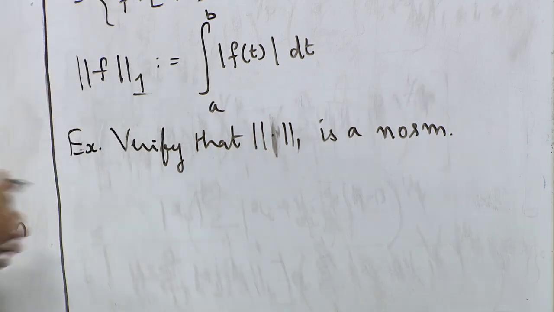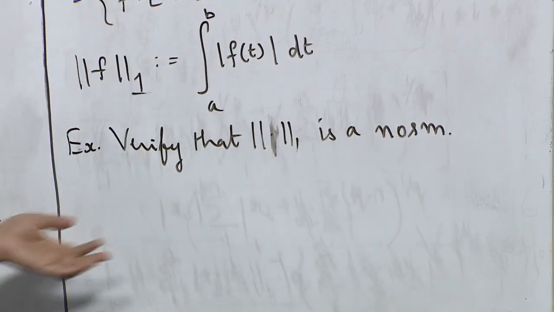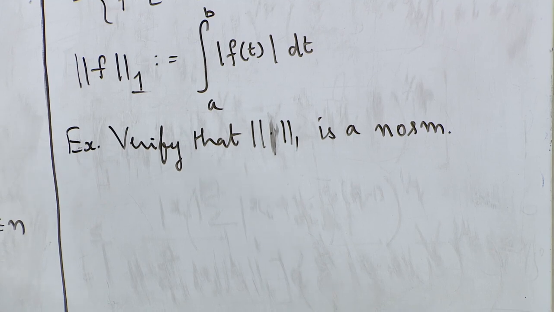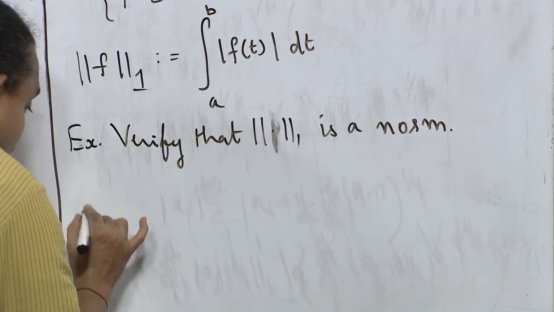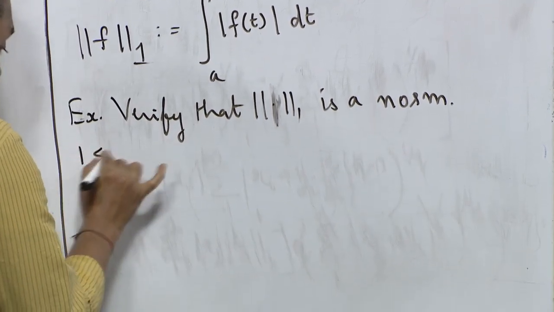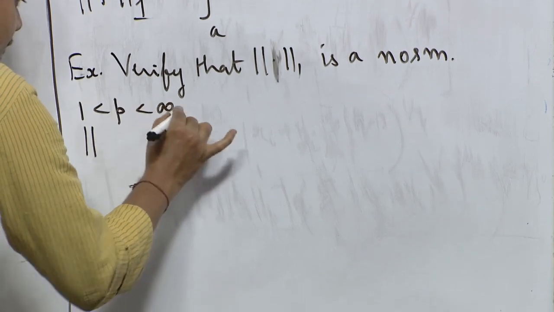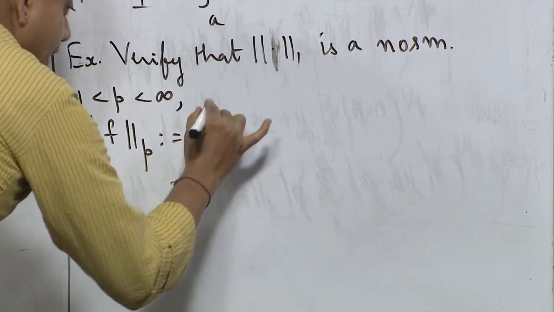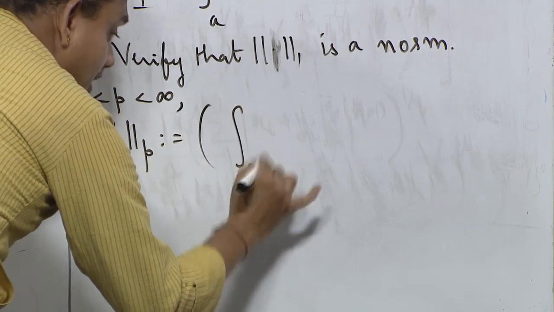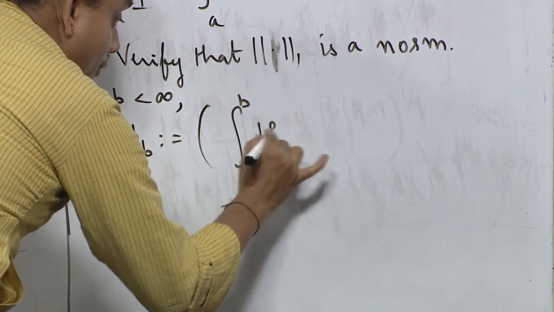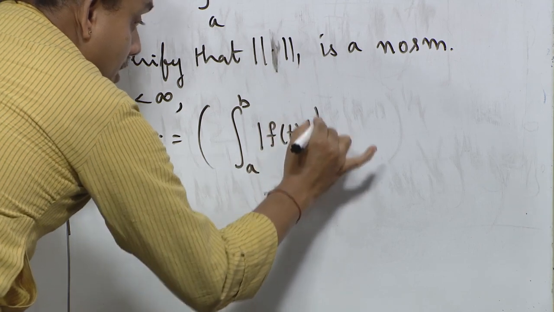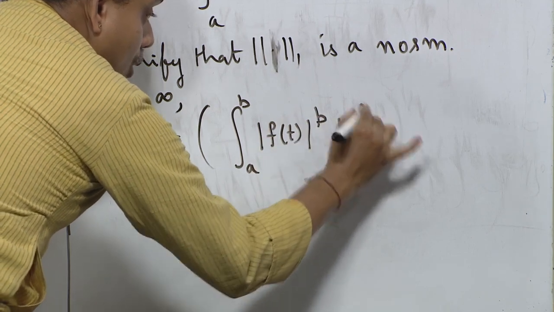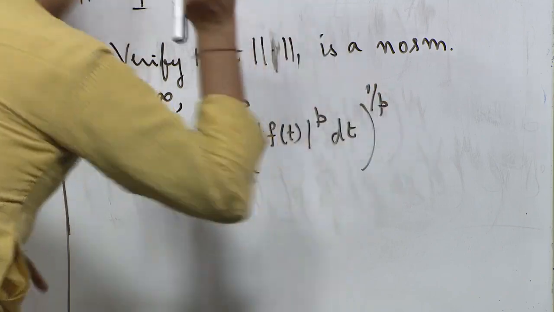So, the natural question is, why can't we go for other p's and similarly for infinity? The answer is yes. So, for 1 less than p less than infinity, let me define the norm as the integral from a to b of mod f(t) to the p dt, whole raised to the power 1 by p.